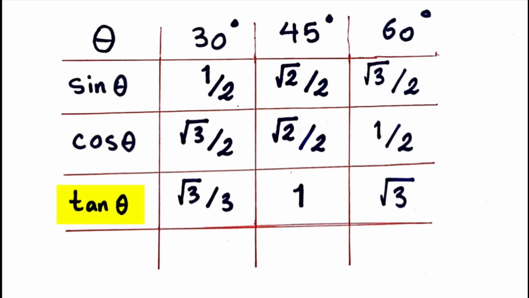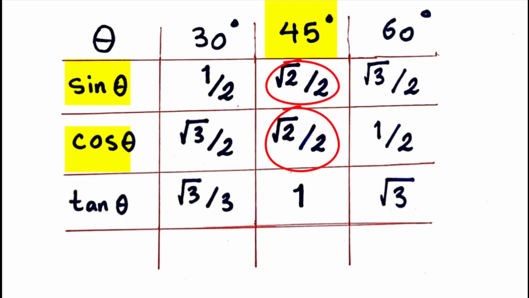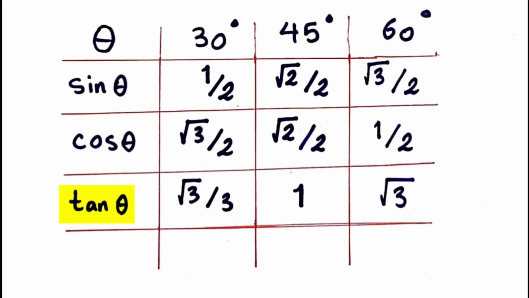Tangent of 30 degrees and tangent of 60 degrees are inverse of each other. For 45 degrees, the sine and cosine of this angle are equal, and the tangent of this angle is equal to 1.